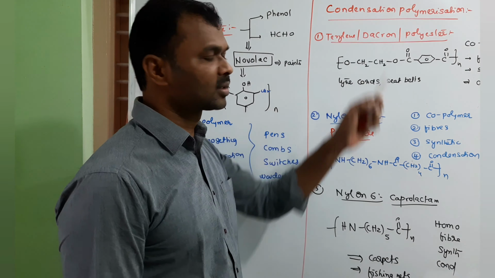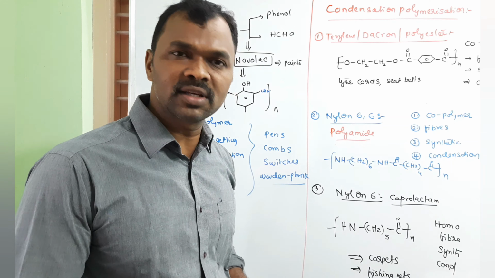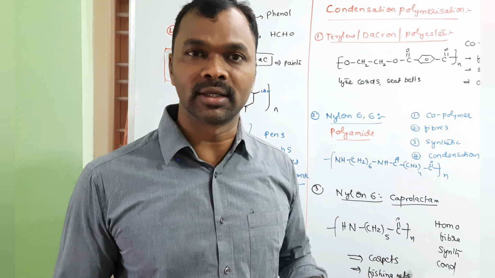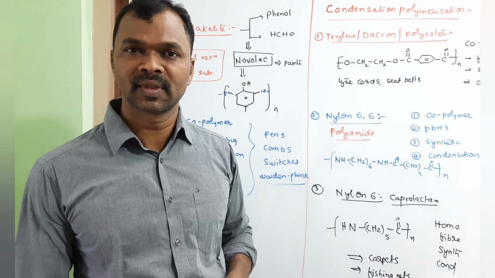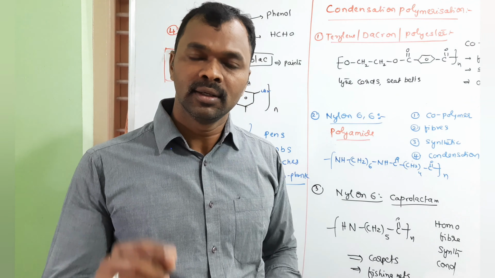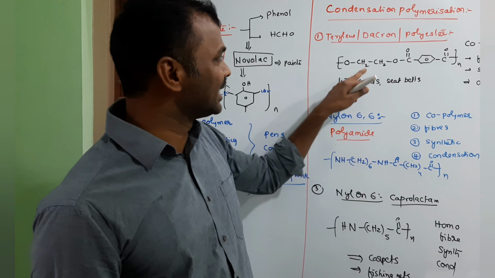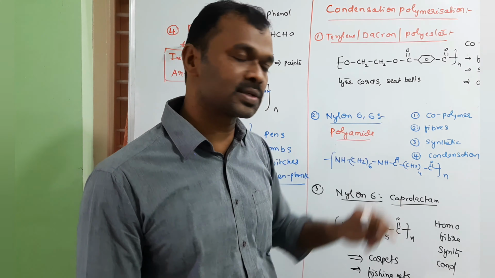Next one is condensation polymerization. Polymers are formed just by eliminating simple byproducts like water. So here the first one is terylene or dacron or polyester. Last class we discussed the monomers list I gave. It is ethylene glycol and terephthalic acid. Structure is this.